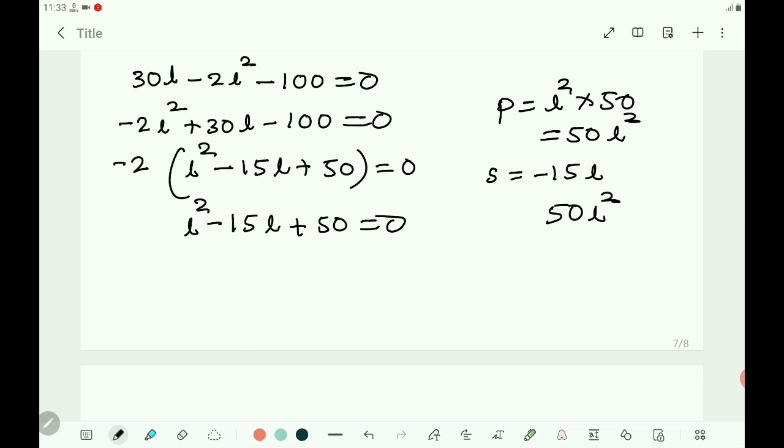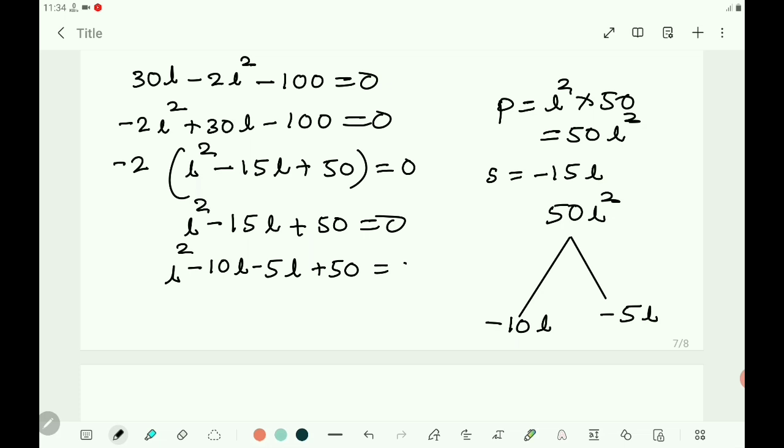Product is having positive sign, so the factors are having same sign, minus sign. 50 is in the table 10 into 5, or 2 into 25, or 10 into 5. But here you can use 10 into 5: minus 10L minus 5L. Then you write L square as it is. L square minus 10L minus 5L plus 50 equals 0.